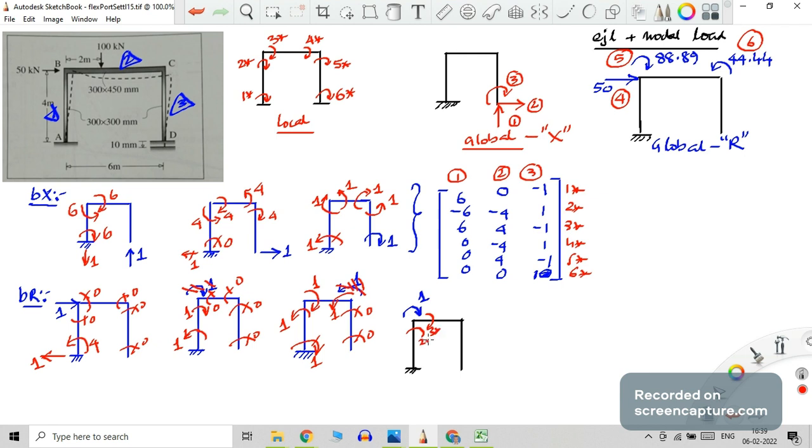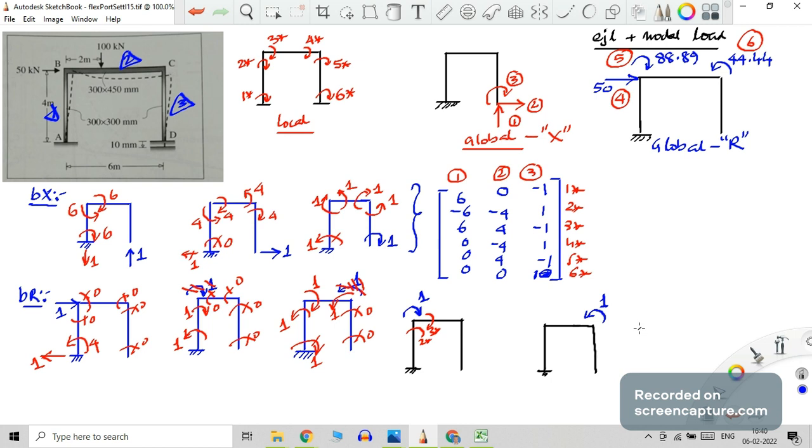Similarly, in column number 6 we have the same issue. Column number 6, this is the same primary structure. There we have coordinate 6 unit moment in the reverse direction.